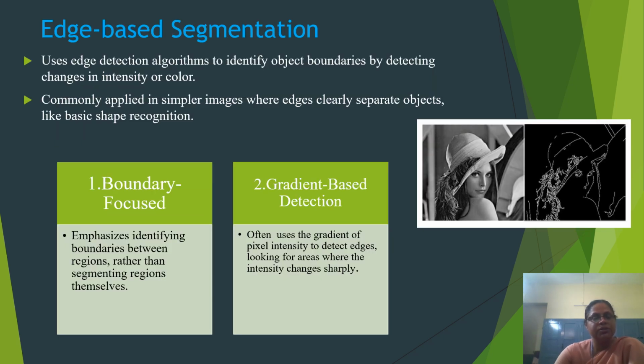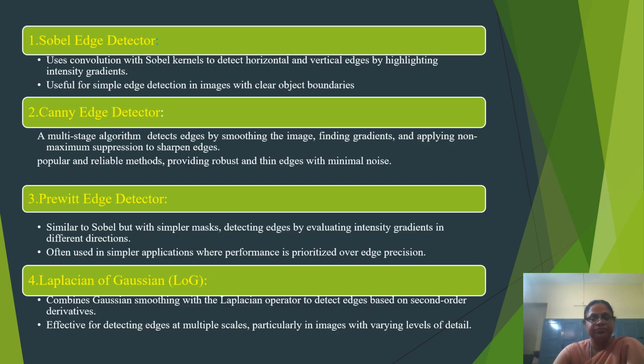Edge-based segmentation uses edge detection algorithms to identify object boundaries by detecting changes in intensity and color. Its key characteristics are boundary focus and gradient-based detection.